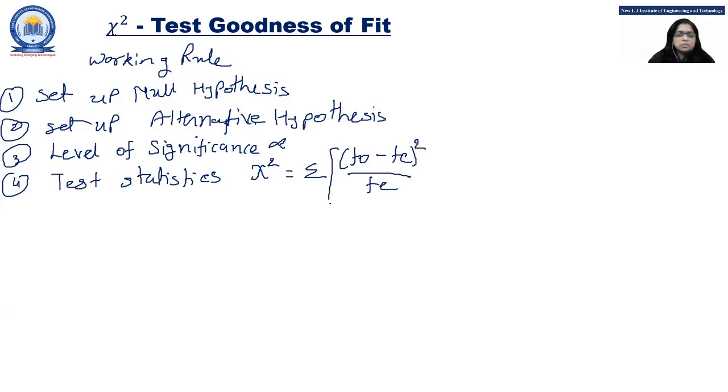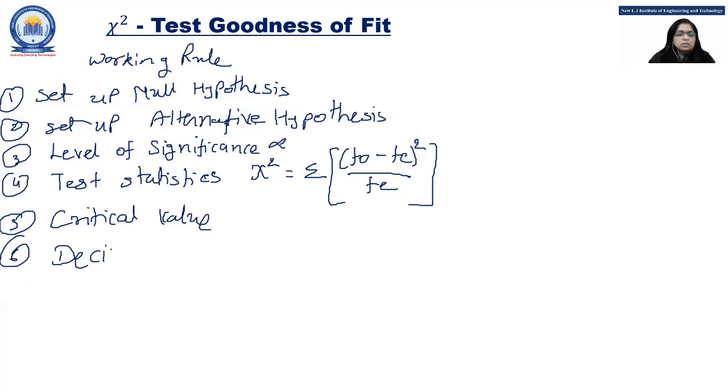Students, this summation is the whole part of this. Okay. Next one, fifth, critical value. And the next final is the decision. So let's start some examples.